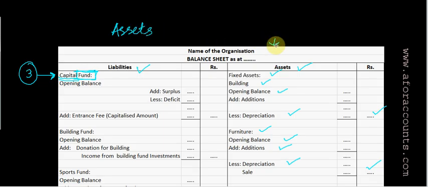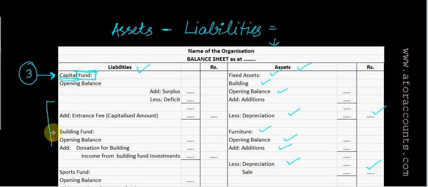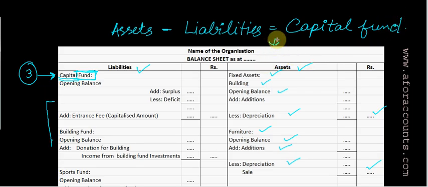So, moving on to the liabilities side, one thing you can note is that assets, that is this side, minus your liabilities, that is all the liabilities mentioned here, is your capital fund. Point to be noted: once you add up all the asset side and subtract all the liabilities, what remains is your capital fund.